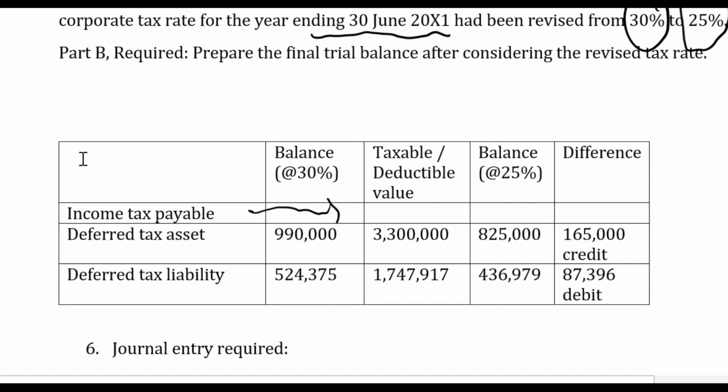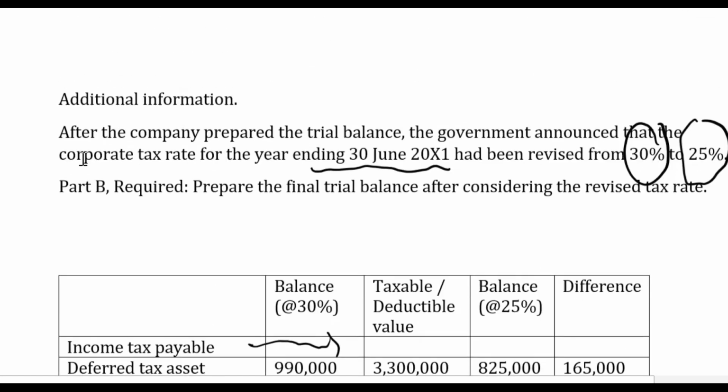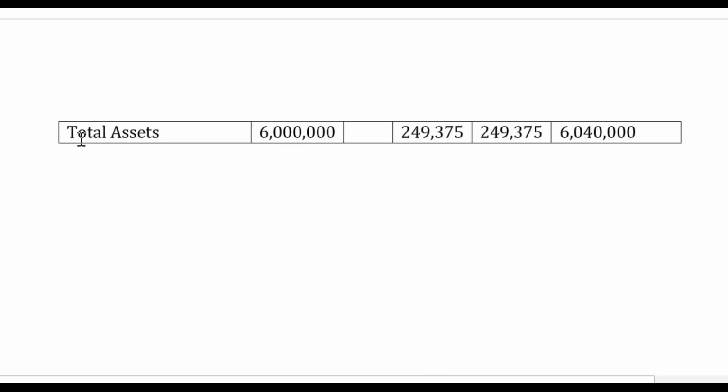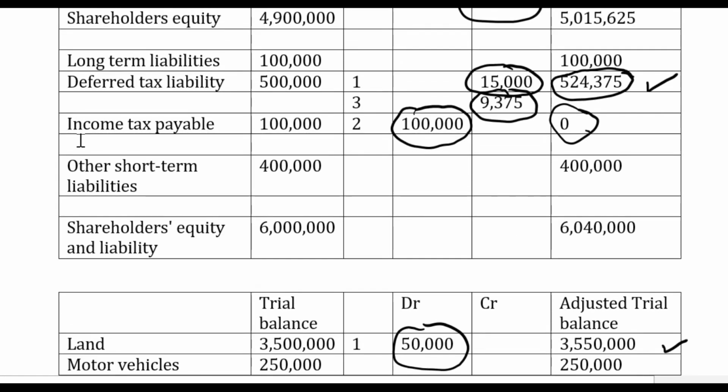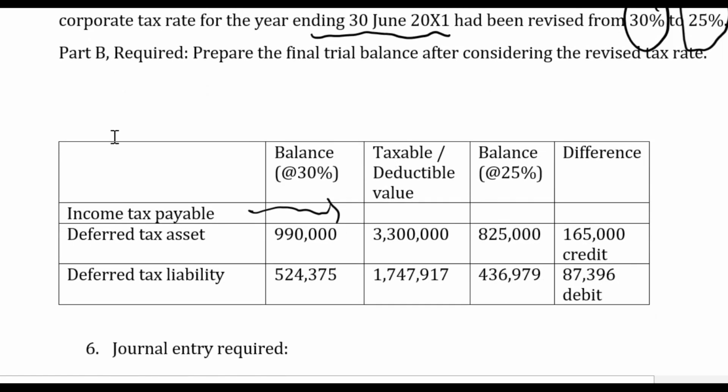Then the deferred tax asset and the deferred tax liability from the adjusted trial balance: 990,000 is the deferred tax asset balance, and deferred tax liability is 524,375. So 990,000 and 524,375 for deferred tax asset and deferred tax liability correspondingly are from the adjusted trial balance.